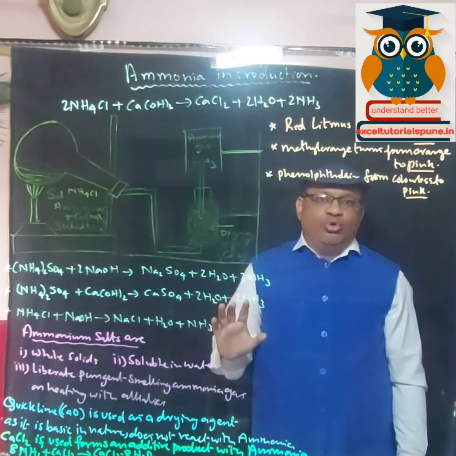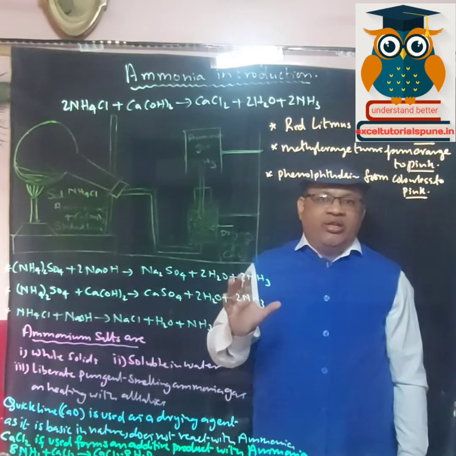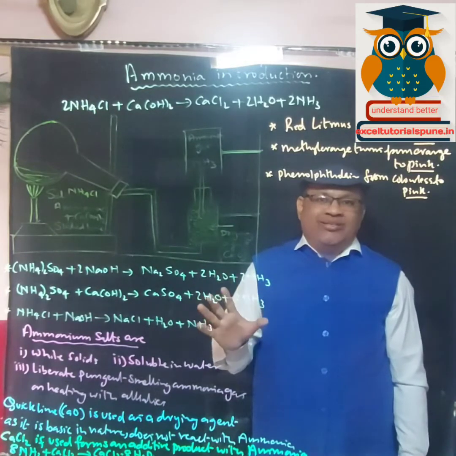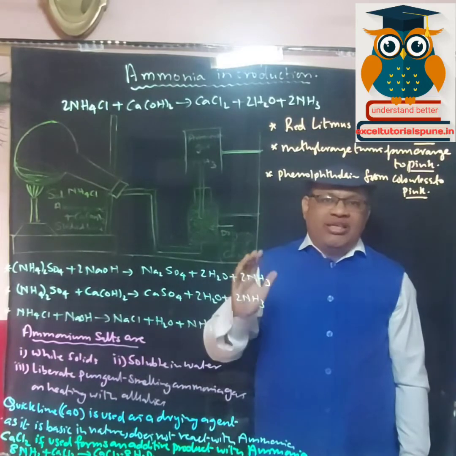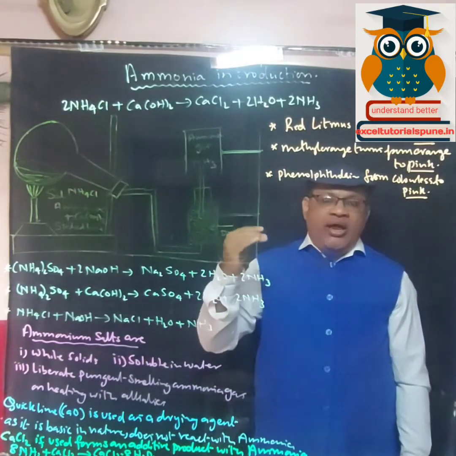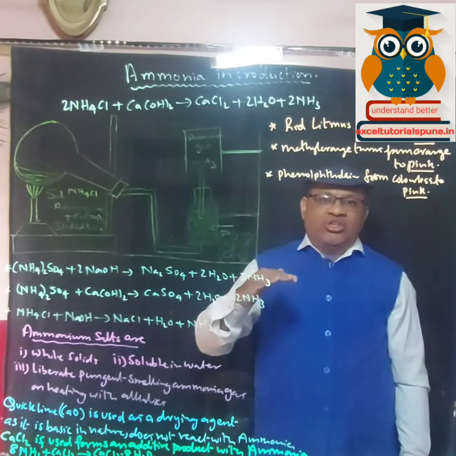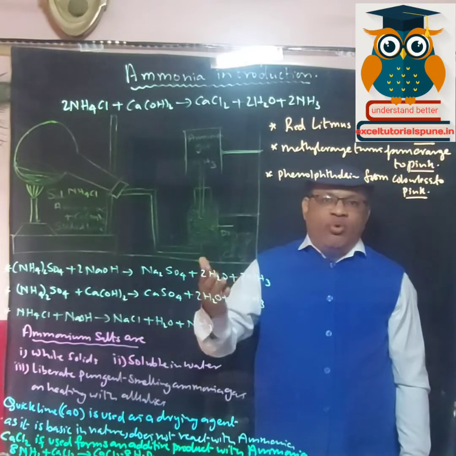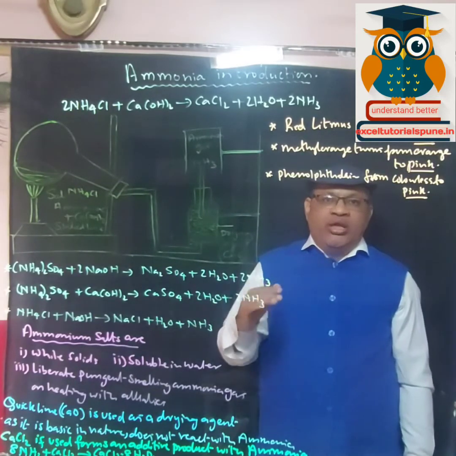If you go through those earlier videos, you'll understand the fountain experiment and the funnel arrangement. I'm not explaining this here because it is in that video. Please go through it. The funnel is kept in an inverted position, down you have water, and from the top ammonia is released. The funnel arrangement avoids back suction.